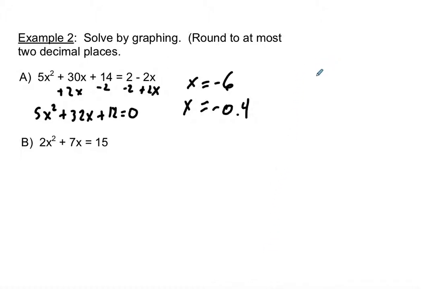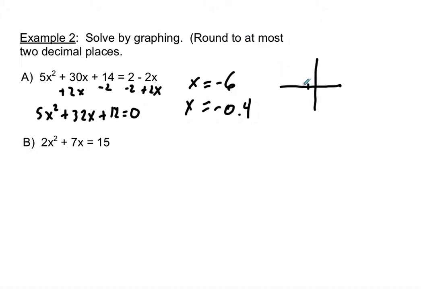So basically, we had a parabola here. Let me graph this out. We had a parabola, and it went through this point, and it went through a point over here.